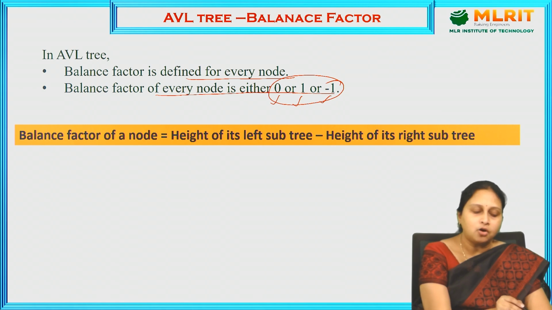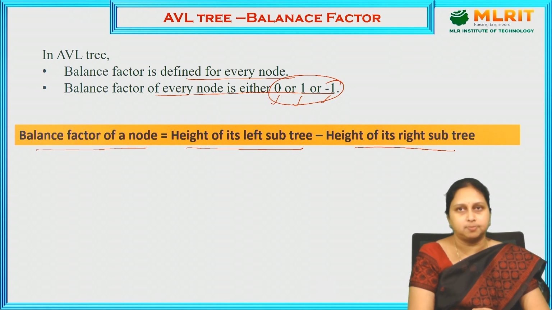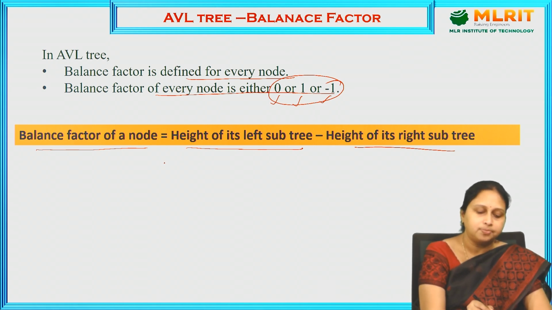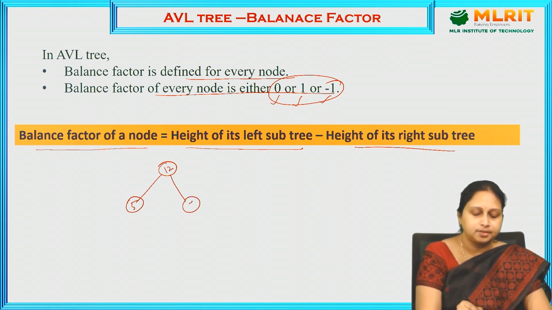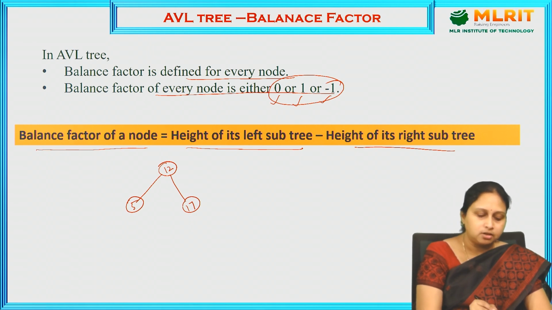Okay, and how do we find the balance factor of a node? Height of its left subtree minus height of its right subtree, right? Based on this, you are going to find the balance factor of a tree. If you can see here, I am having 12, 5, and suppose 17. Now, how am I going to find the balance factor for this tree? 5 is a leaf node and 17 is a leaf node.